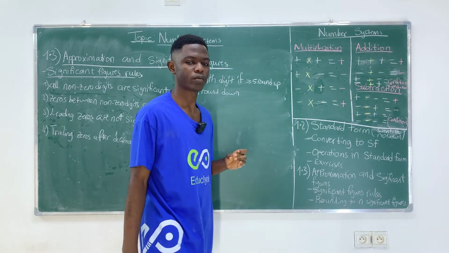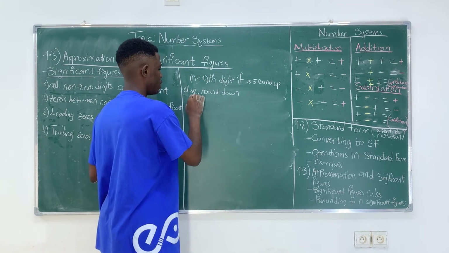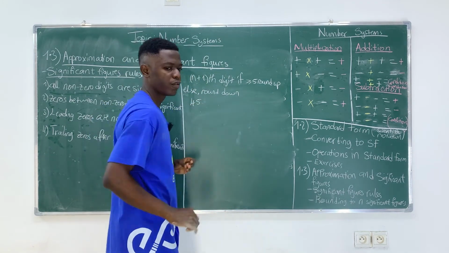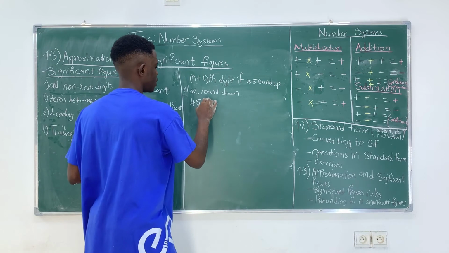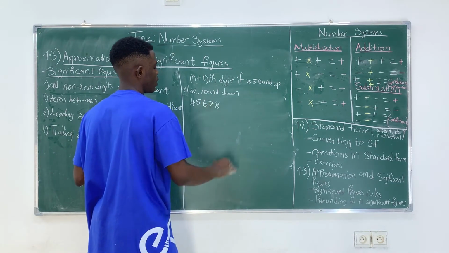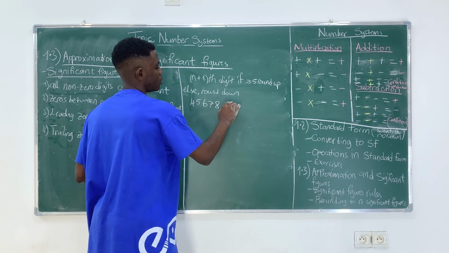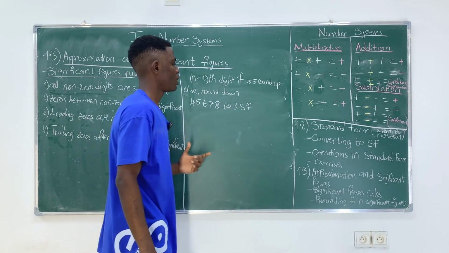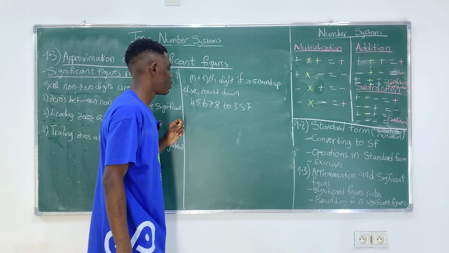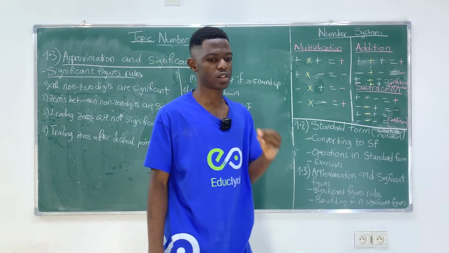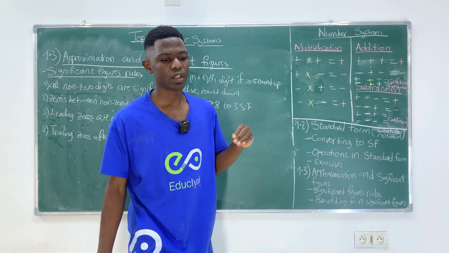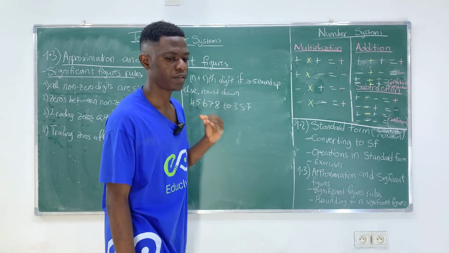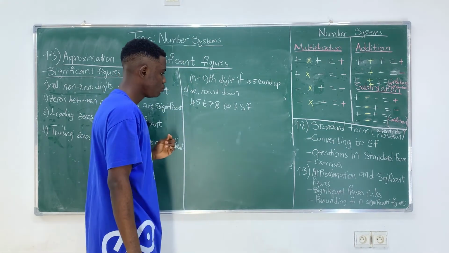So, for example, let's round 45,678 to 3 significant figures. How do we round 45,678 to 3 significant figures?